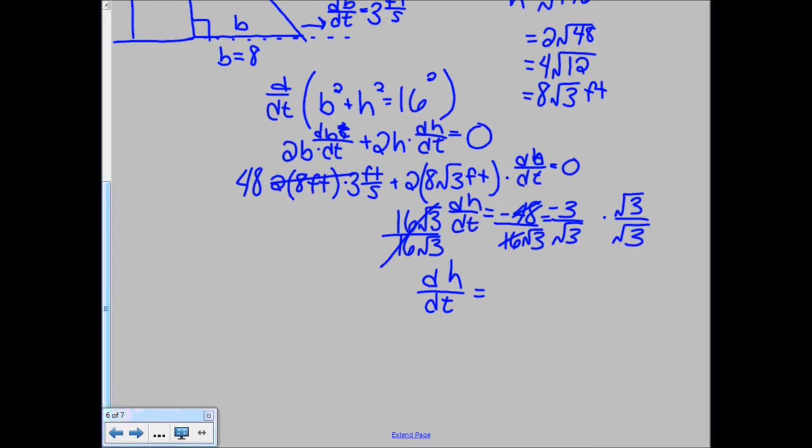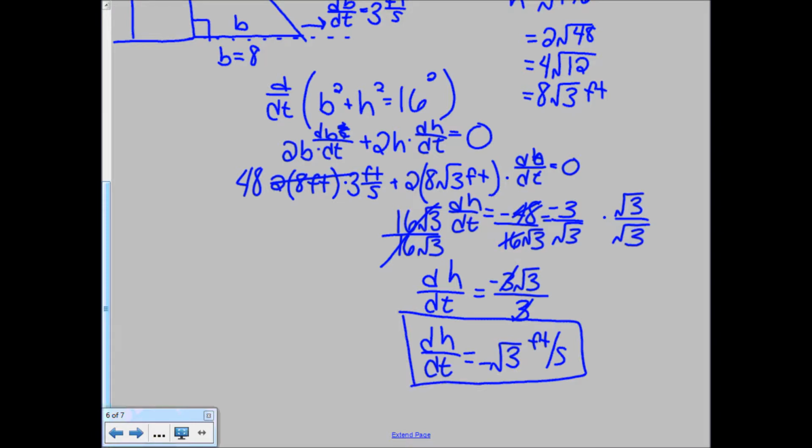So then we're going to get negative 3 root 3 over 3. Crossing out those 3s, we get our final answer: dh/dt is equal to negative root 3. And now all we need to do to finalize our answer is write our unit on there. So our unit here is going to be feet per second, because we're looking at the rate of change of a length.